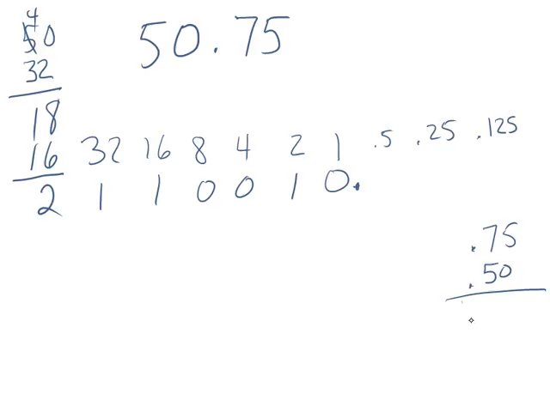Okay. Matter of fact, we talked about that this morning, didn't we? All right. So I have a 1 there. My next one's a 0.25, and obviously I can subtract it out too, can I? And that's my end. So 50.75 is 110010.11.